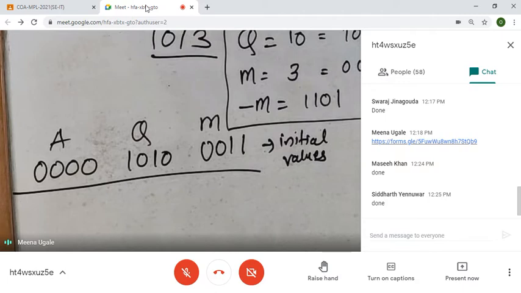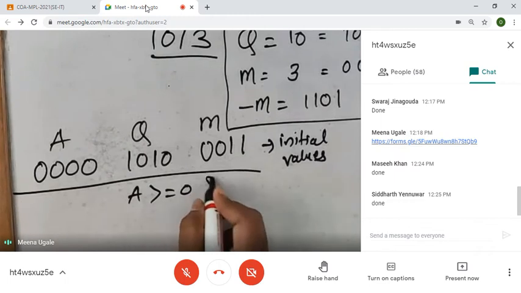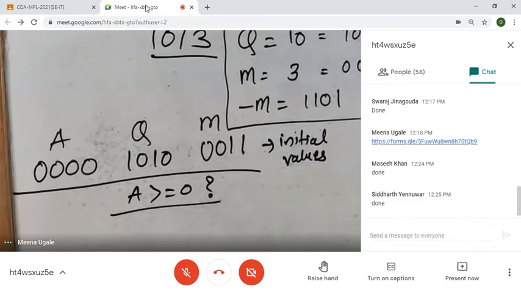Now after initial values, what it is asking you, check for A value. I'm checking whether A is greater than or equal to 0 by the condition in the flow chart. Answer here will be yes, because it is greater than or equal to 0. So what I should do, I should left shift this value by 1.